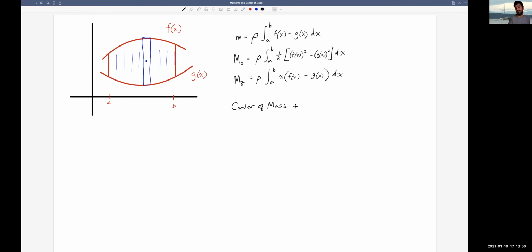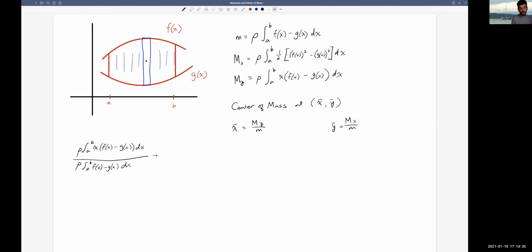Okay, and with these definitions in mind, we get the center of mass, or centroid, at x bar, y bar, where x bar is M_y over m, and y bar is M_x over m. Let's look at how these work out, because if I take M_y over m, I get rho times the integral of x times f of x minus g of x dx, divided by little m, which is rho times the integral from a to b of f of x minus g of x dx.